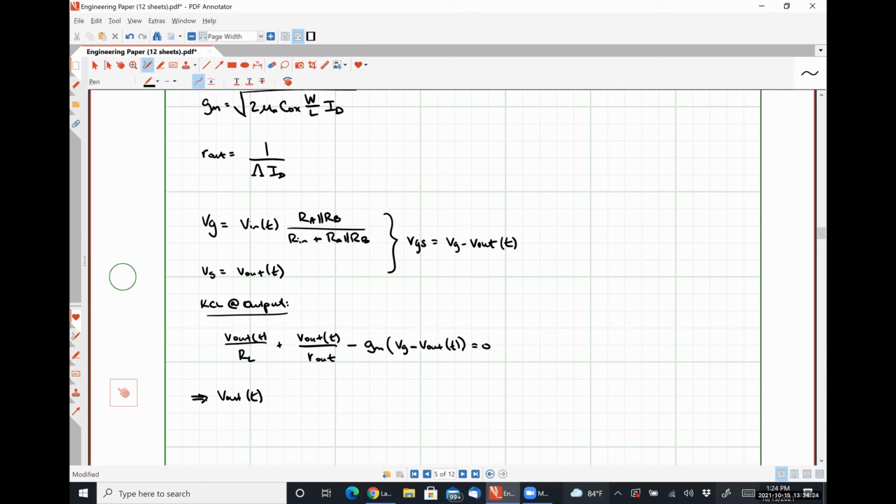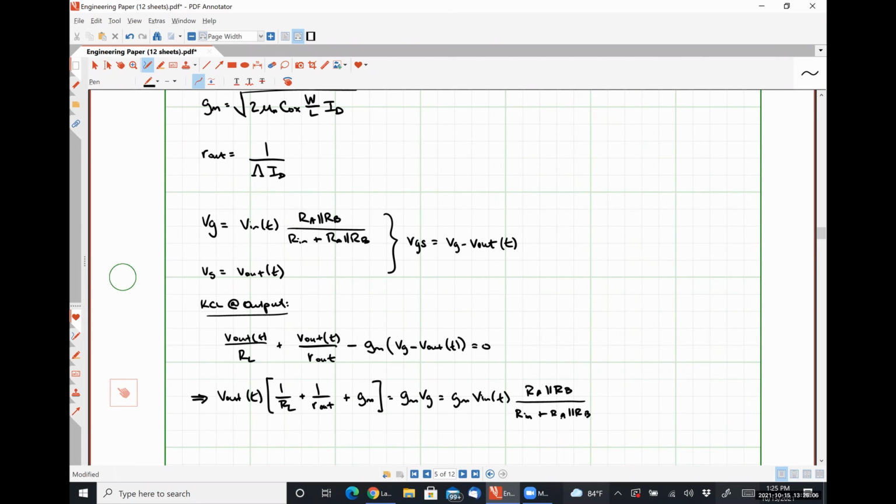And we can rearrange this guy and find that V out multiplied by 1 over RL plus 1 over R out plus gm is equal to gm Vg, where Vg is Vn Ra in parallel with Rb divided by Rn plus Ra in parallel with Rb.